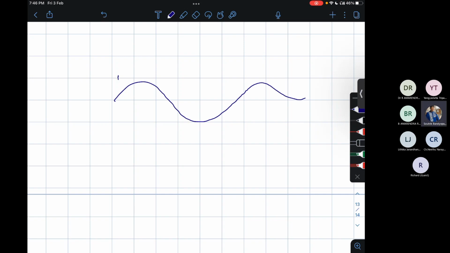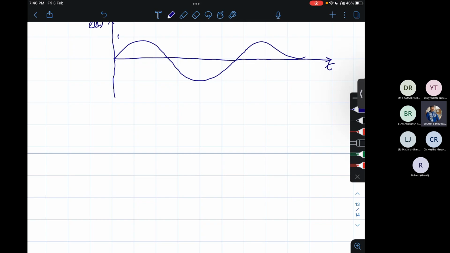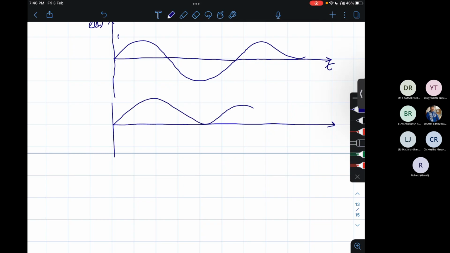Now, if you look at the square of the function, so this was your time, this was e of t. If you look at the square of the function, it would be like this, and so on.